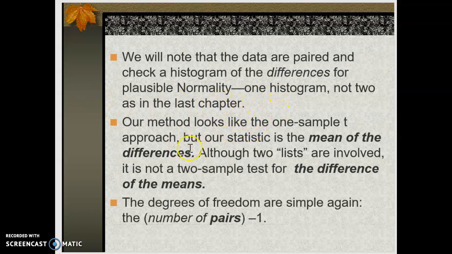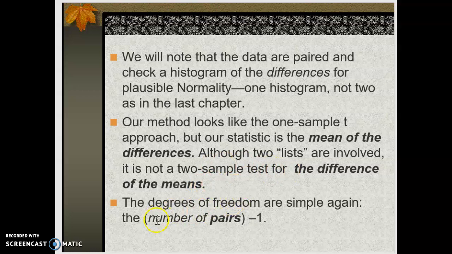So we only have one histogram, not two. Since we're only going to be working from a single list, the method will look more like the one sample T approach. The difference is we're talking about the mean of the differences, not just the mean of the data. Two lists are involved, but it's still not a two sample T test.